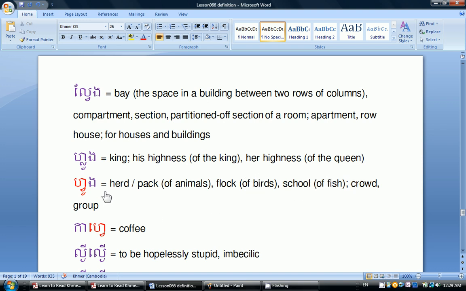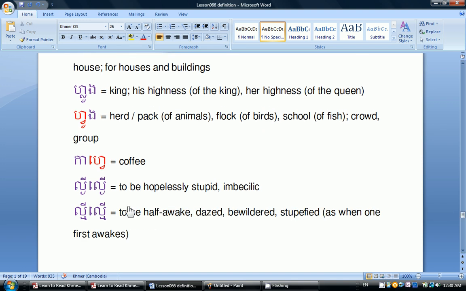Vong is a herd or pack of animals, a flock of birds, a school of fish, a crowd or group. Cafe means coffee. Lagi ngơ means to be hopelessly stupid or imbecilic.